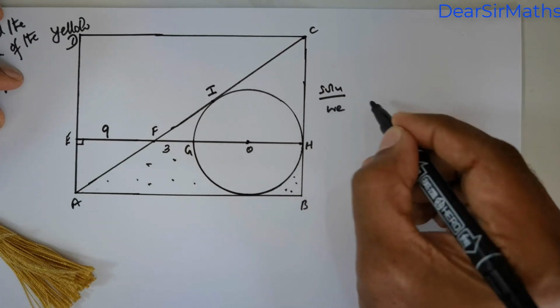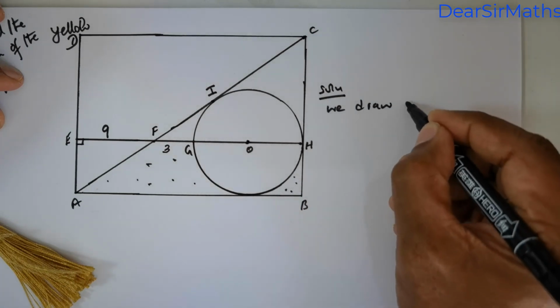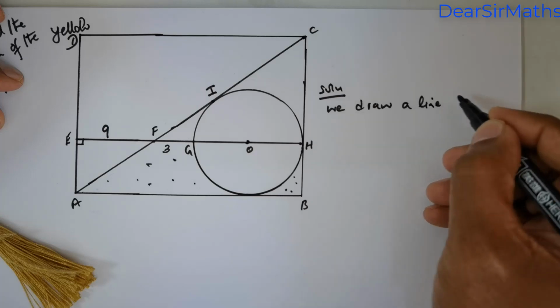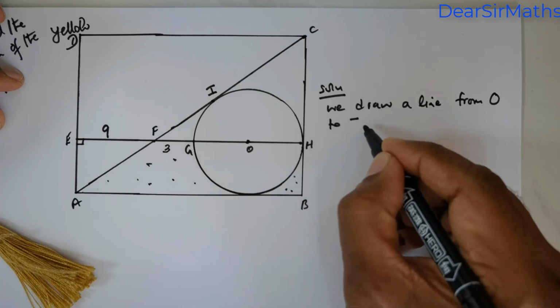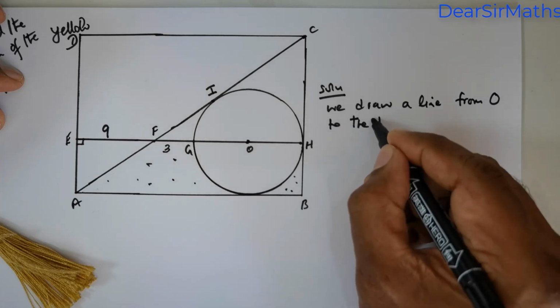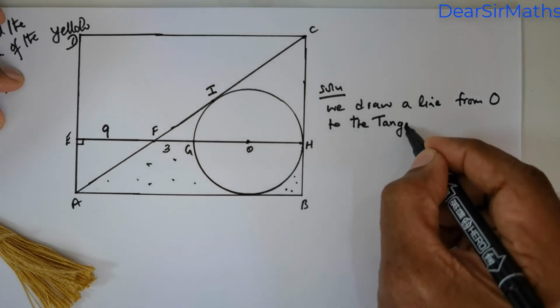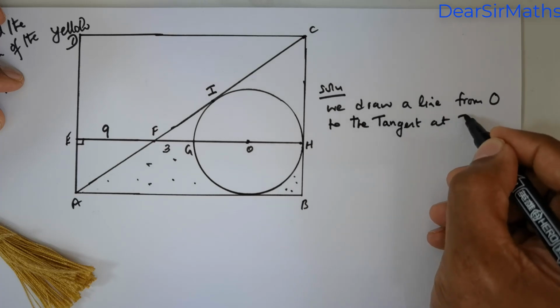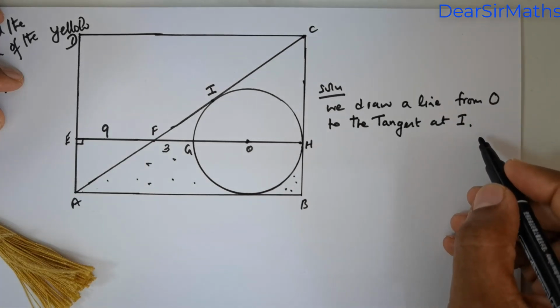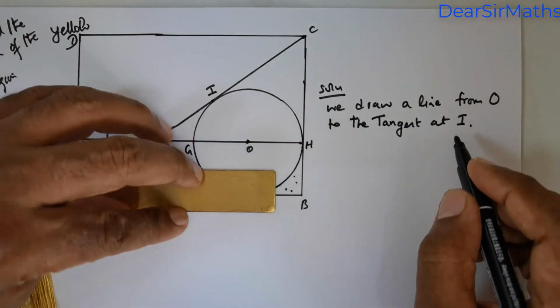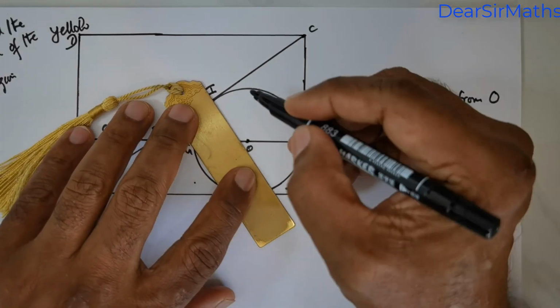Step 1, we draw a line from O to the tangent at I. Now what happens when we do that?